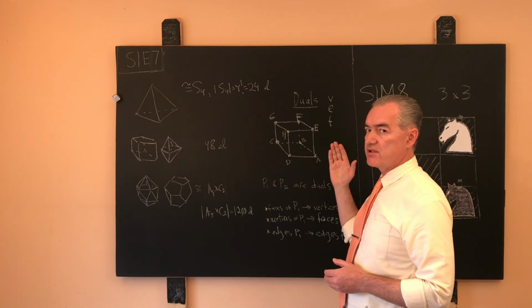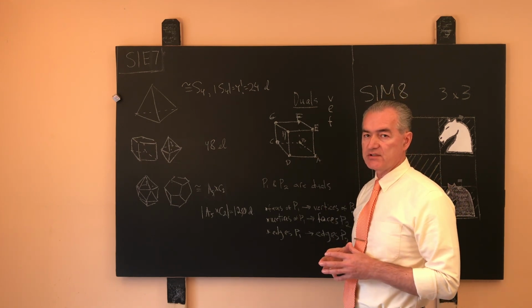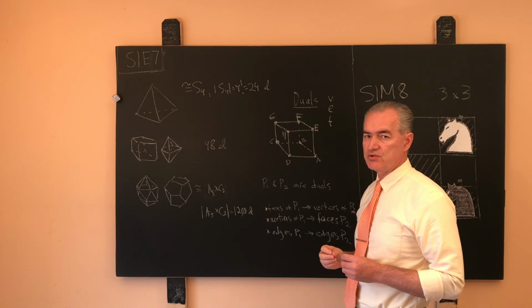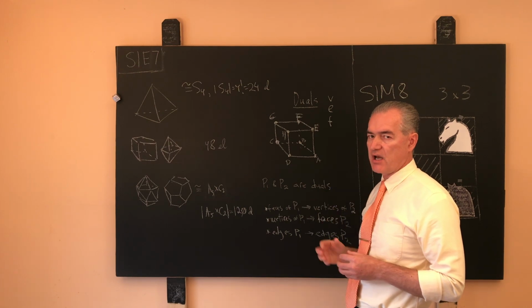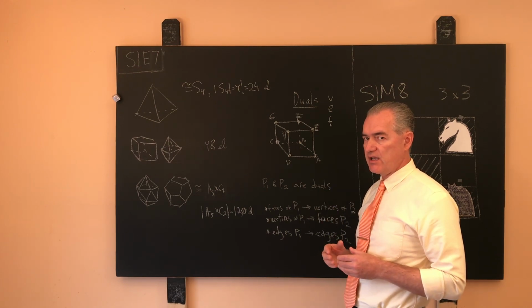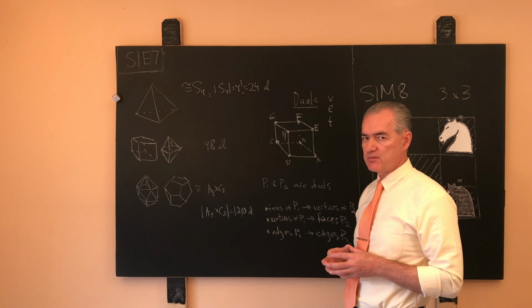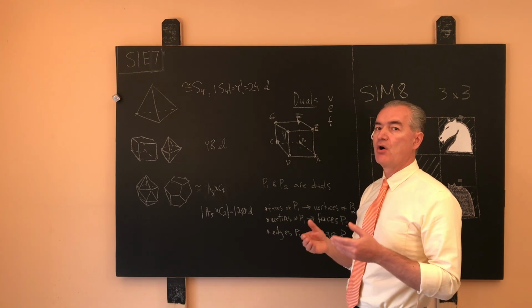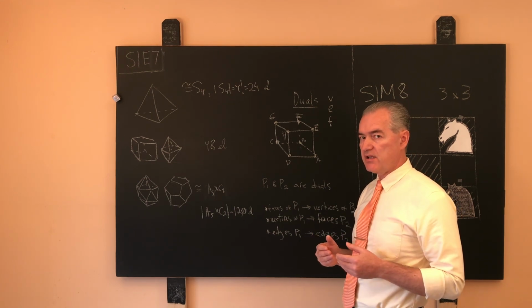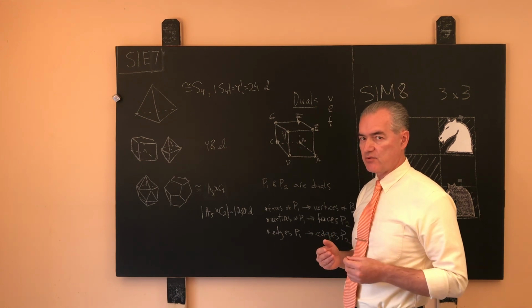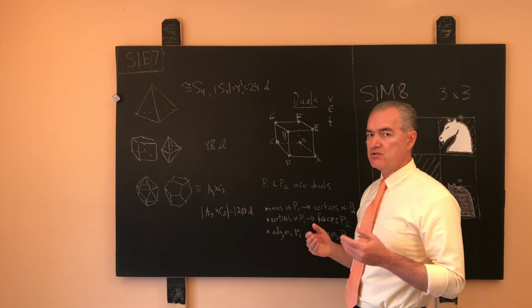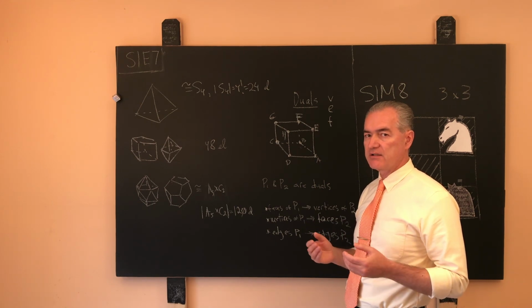In order to study the structure of these solids, mathematicians introduced the notion of incidence. For example, 2 building blocks of a polyhedron are said to be incident if one of these building blocks participates in the formation of the other, and if one does not participate in the formation of the other, then these 2 building blocks are not incident.